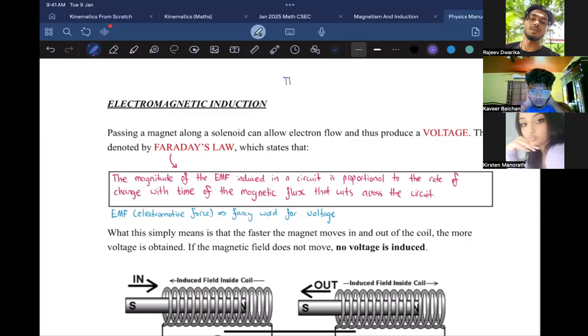I'll give an even simpler definition. The voltage produced is proportional to the rate of change of magnetic flux.